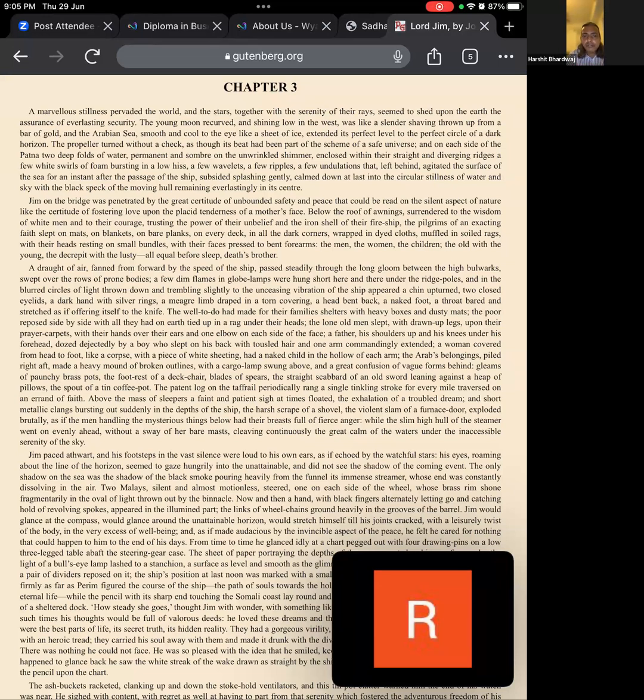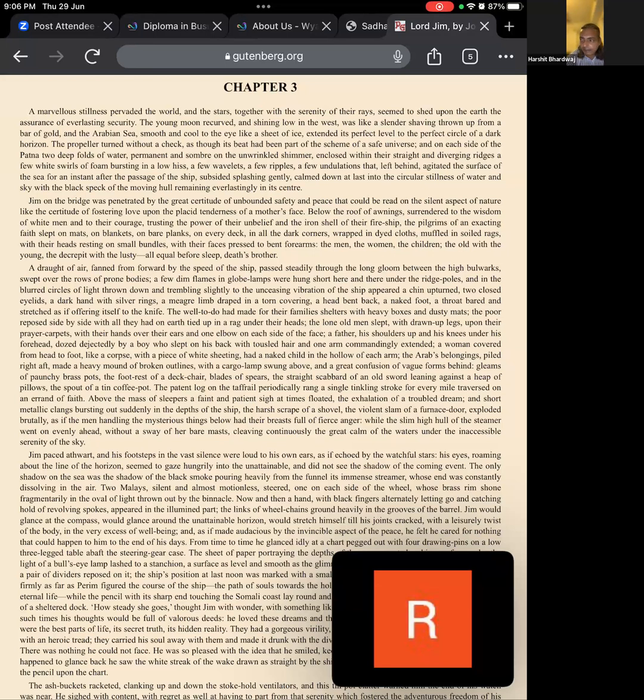Chapter 3 is very beautifully written, and it tells you what's happening. A marvelous stillness pervaded the world, and the stars, together with the serenity of their rays, seemed to shed upon the earth the assurance of everlasting security. Assurance of everlasting security. What does this tell you?